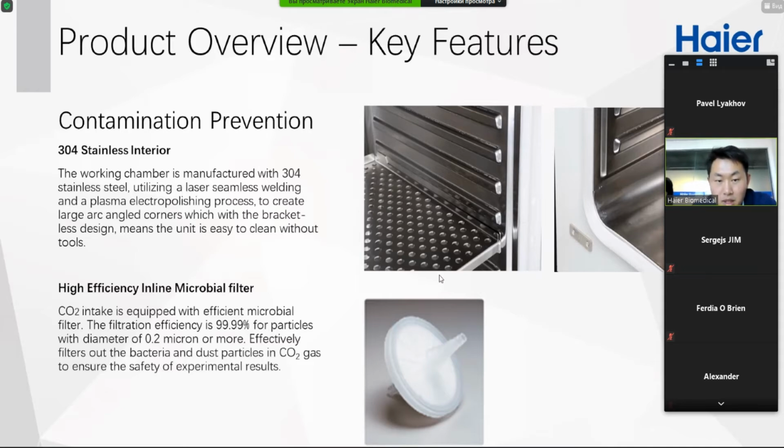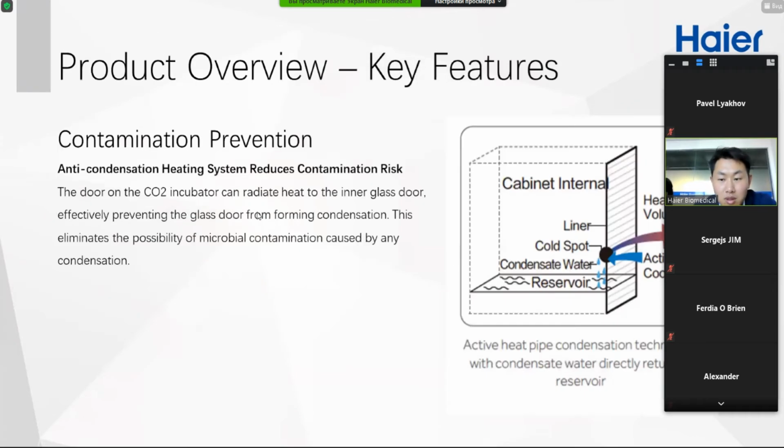This is also the picture of the heating pipe condenser technology. In the old type, you needed to put a plate at the bottom to hold water. This one does not need that.